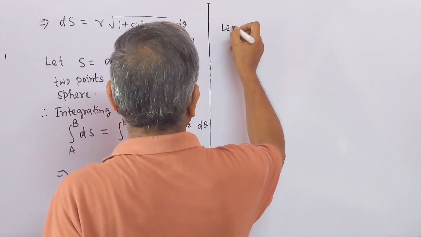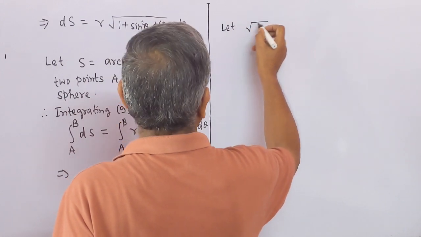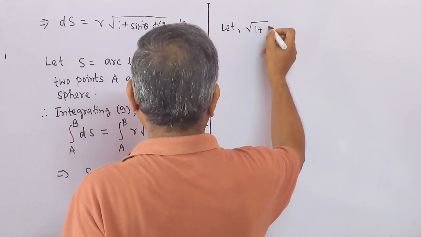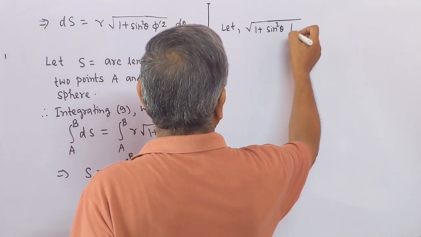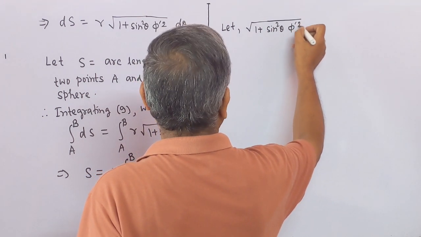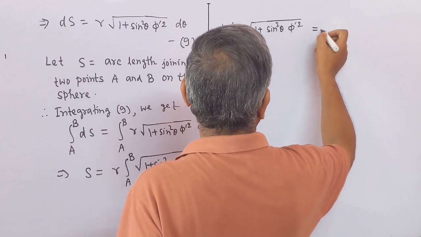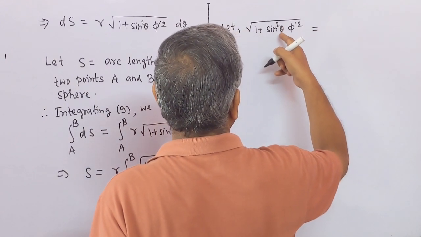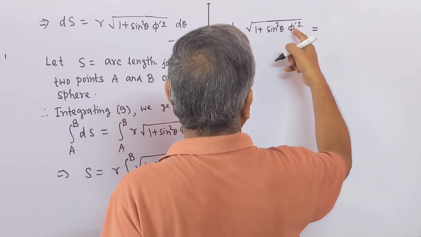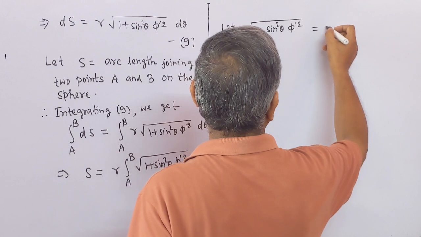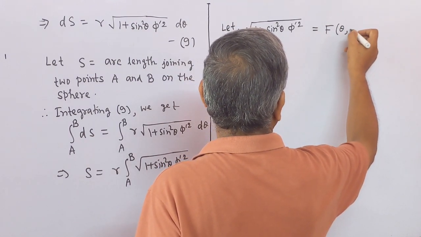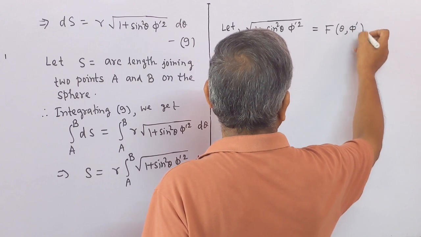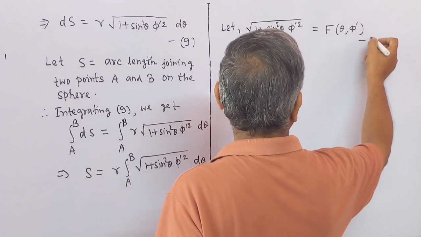Let square root of 1 plus sin square theta phi prime square equal to, here we see the quantities theta and phi prime. So we write this as a function of theta and phi prime. Let this be number 11.